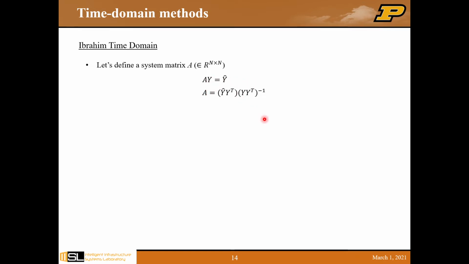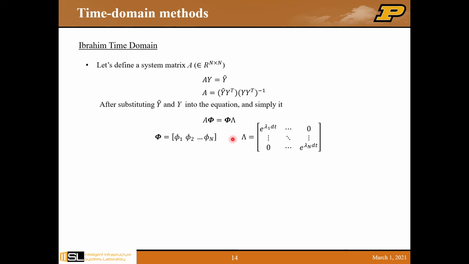After substituting Y hat and Y into the equation above, we can simplify the expression and obtain this formula, which is exactly the eigenvalue decomposition formula of the A matrix. Phi here is the mode shape, and lambda here is the eigenvalues in the Z domain.